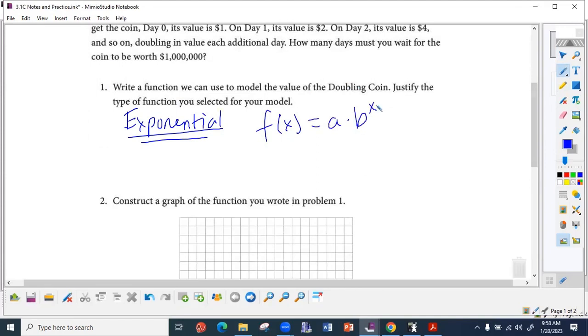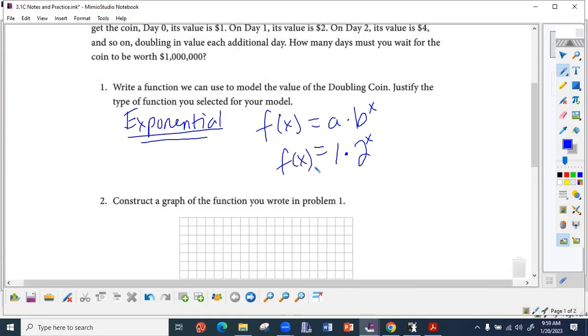A is our what value? Initial. What is the initial value of my coin? 1. Okay. Your b is your growth rate. How is my coin growing? Doubling. So then my b is what? 2. So therefore, my function would be f of x equals 1 times 2 to the x. Agree? Yes? Are we still together?